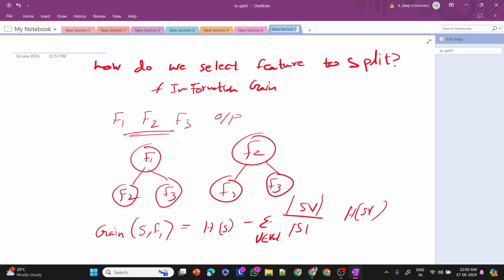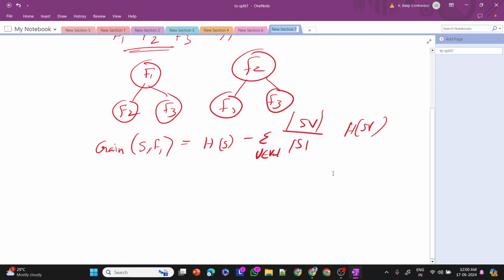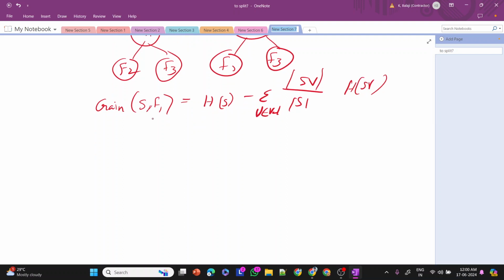Okay, this is the formula to compute gain. Here H(S) represents the entropy of the root node, and H(Sv) represents the entropy of the current node.